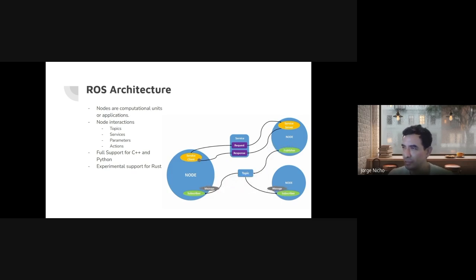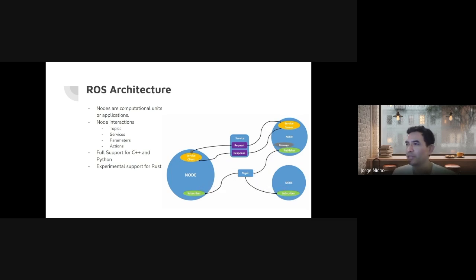Your node is what is doing the work needed, right? So you would have a node that does your perception logic, another node that does your motion planning, another node that's doing data logging and stuff of that sort. All of those nodes, or ROS applications, are doing that on their own, but there are points where they have to communicate with one another in order to coordinate what they do.